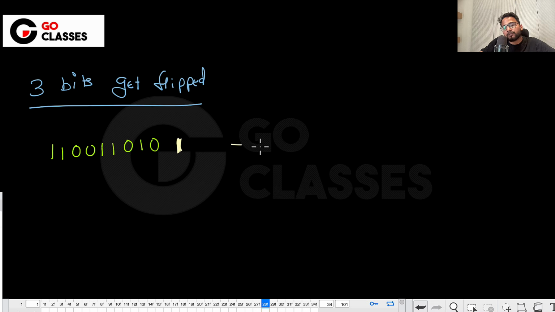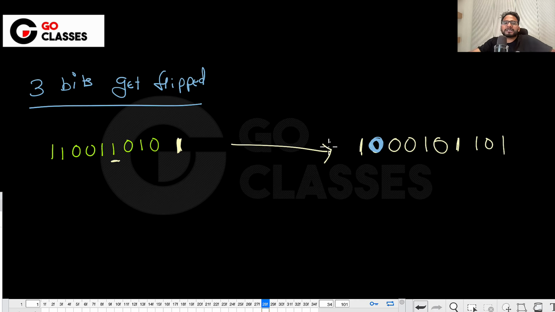Now at the time of receiving, let's suppose 3 bits get flipped. So 1, and then let's suppose this gets flipped to 0. Then 1 0, then all are 0, let's suppose. You can flip anything. This gets flipped to 0, this gets flipped to 1, and then 1 0 1.